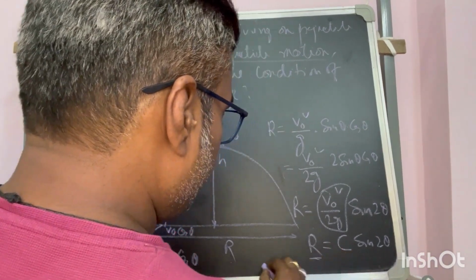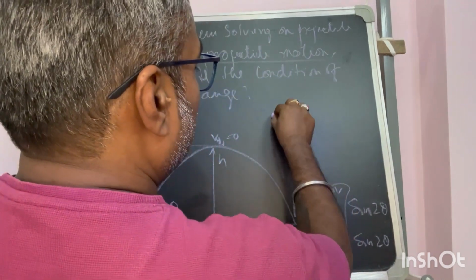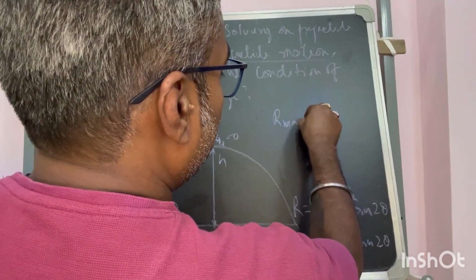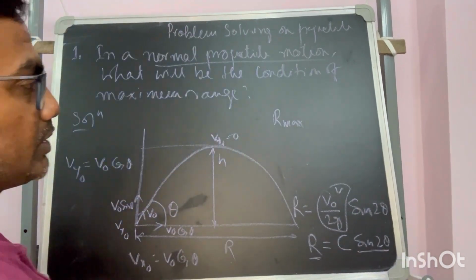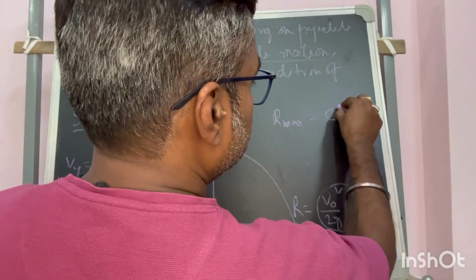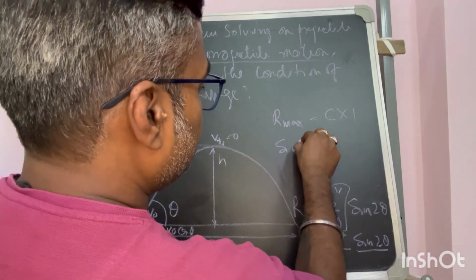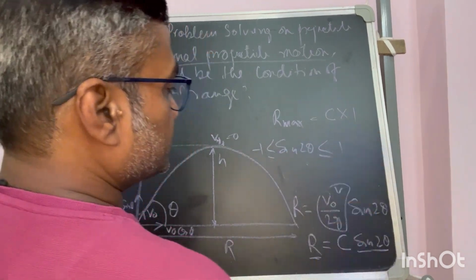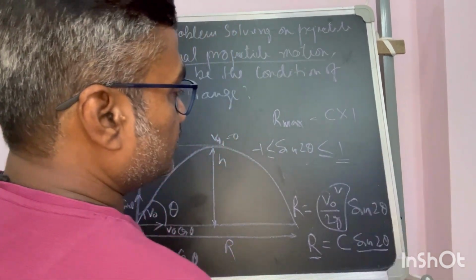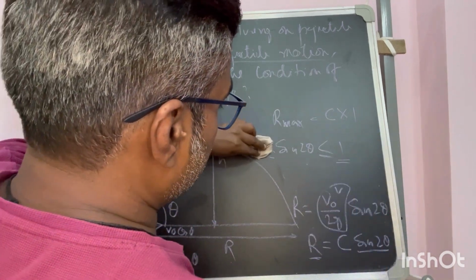So R will be maximum when, for R max, the sine term takes its maximum value: C into 1, because sine of whatever value of theta lies between -1 and +1, so the maximum value is 1. Only if sine 2 theta is equal to 1 is it possible.